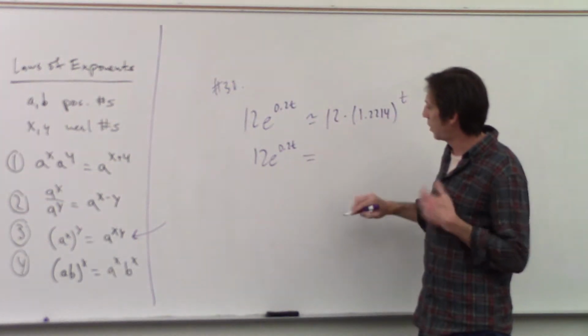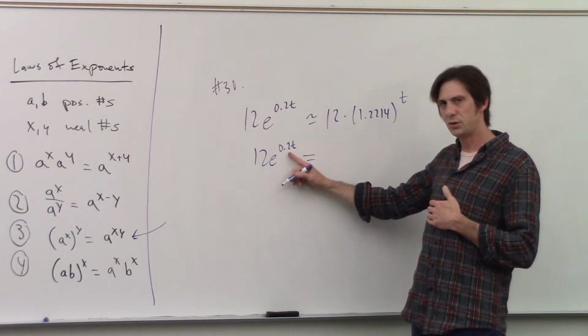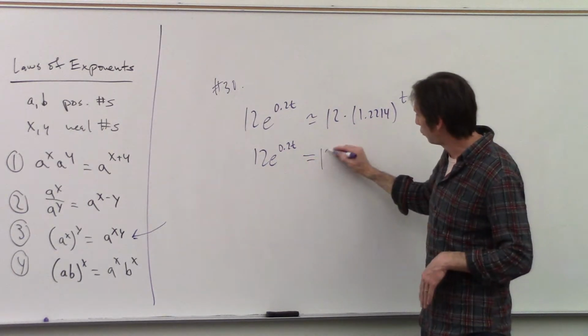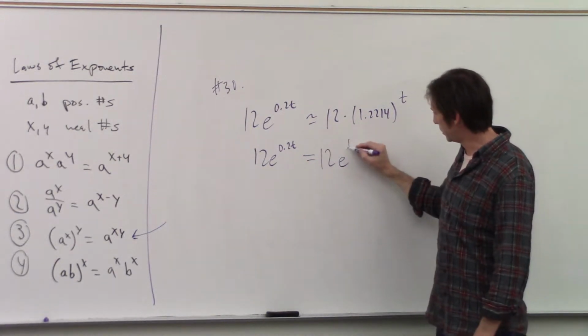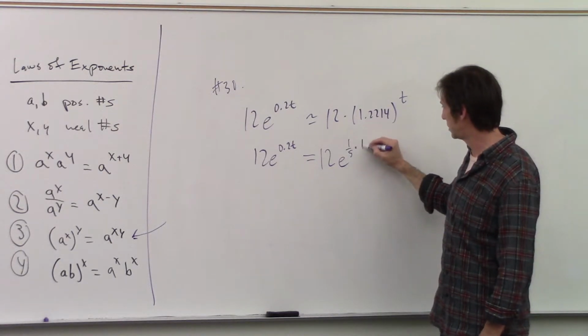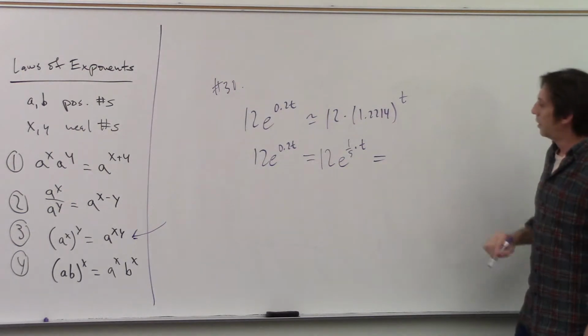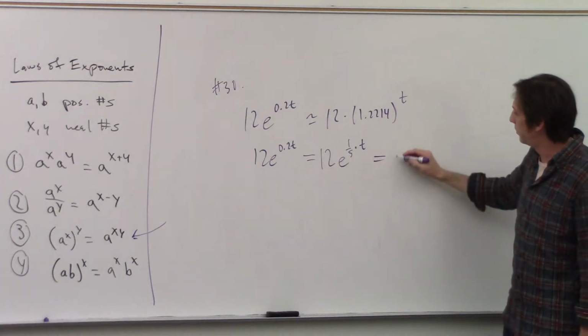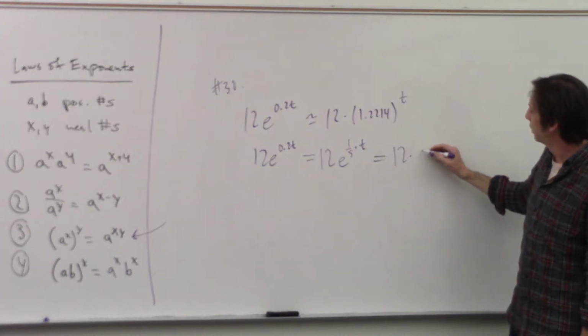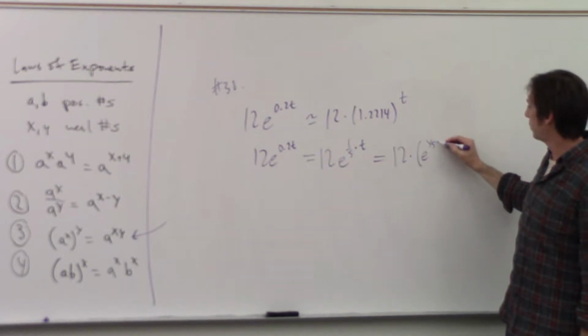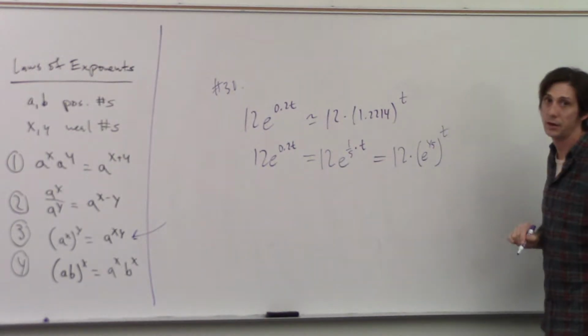But let me do one step first. I know that 0.2 is 1/5, and so this is 12e to the 1/5 times t. Said a different way, this is 12 times e to the 1/5 raised to the t.